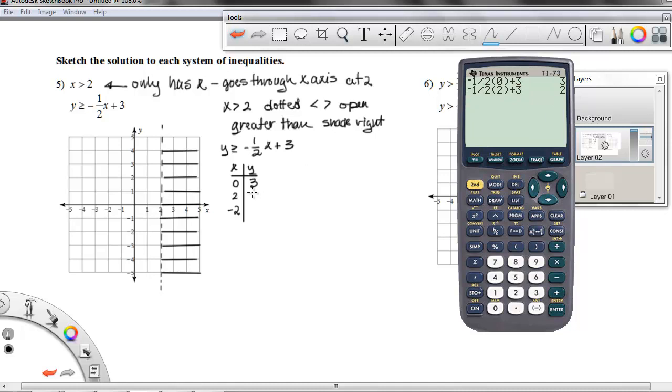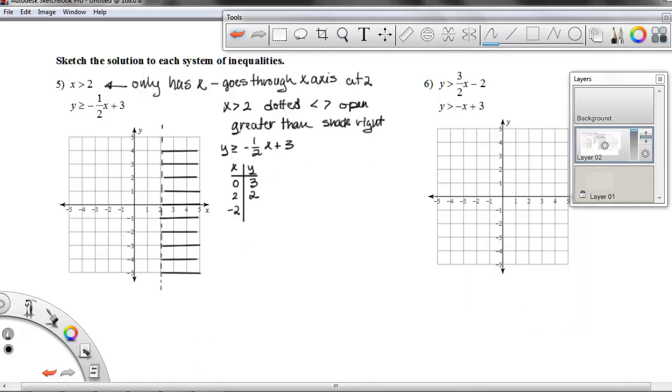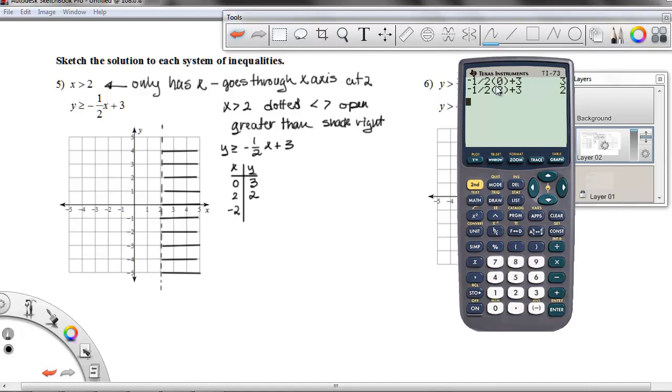So our next point is the ordered pair 2 and 2. Now we'll change that 2 to a negative 2, and that gives us a positive 4.